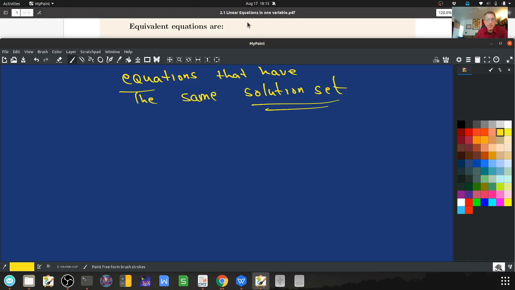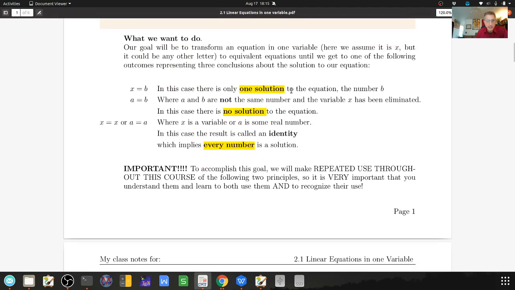And what our job is going to be is to transform linear equations until we get something like the following. X is equal to b, where x is our variable and b is an actual number, like x is equal to 3.